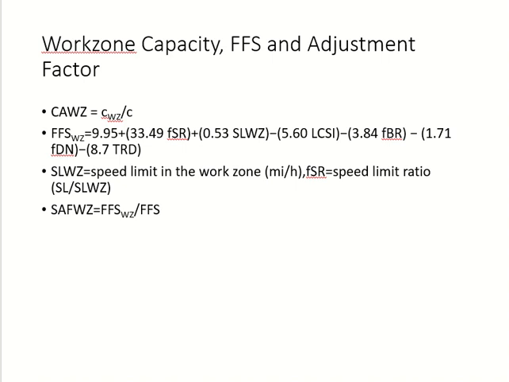Okay, moving on. So this equation, there is a method. Then the next equation which you see is the free flow speed of the segment with the work zone, FFSWZ. Again, you see the equation with many factors here.